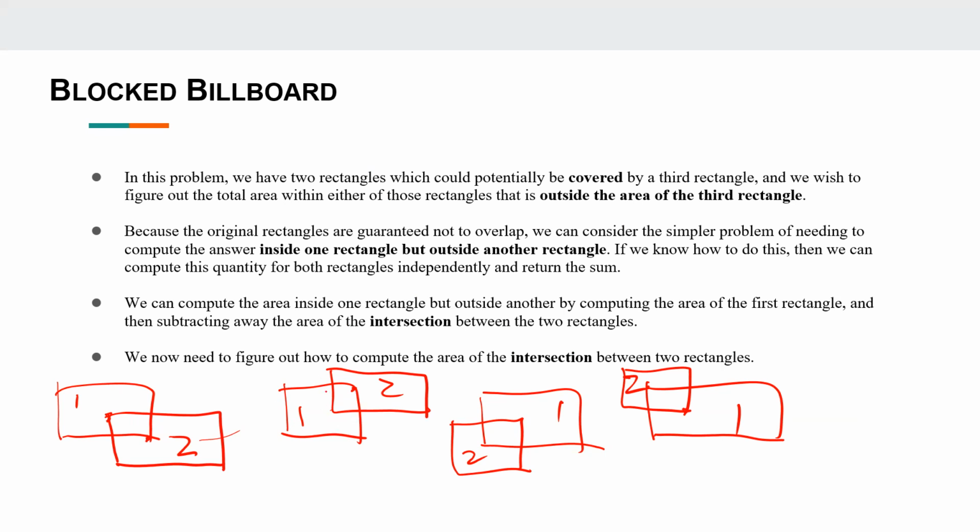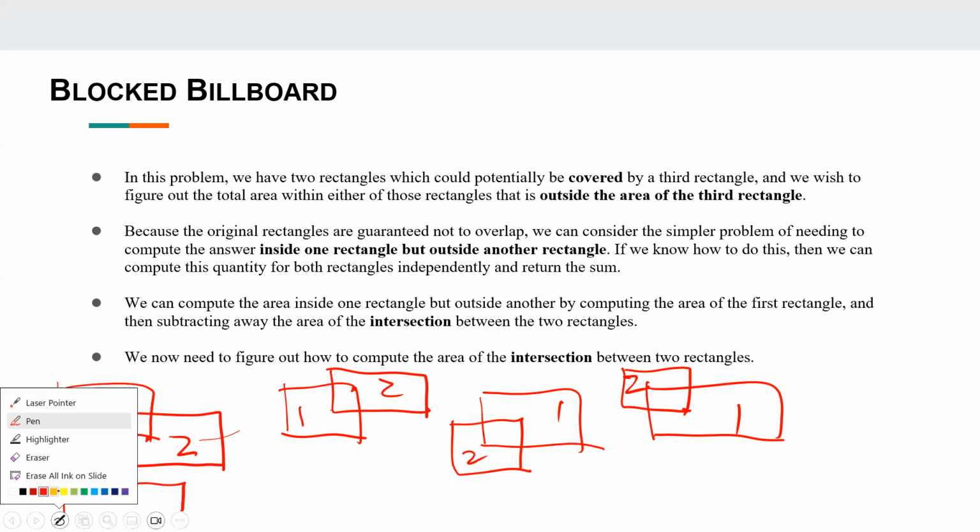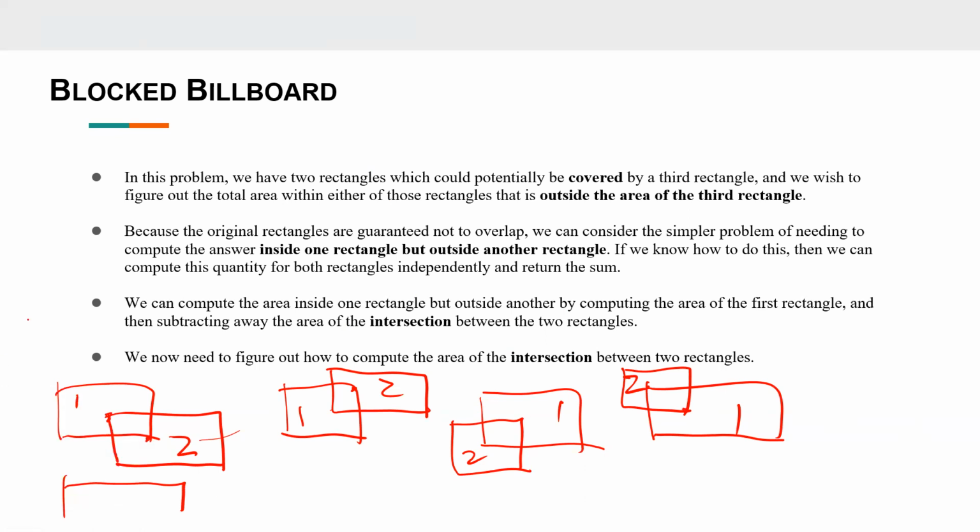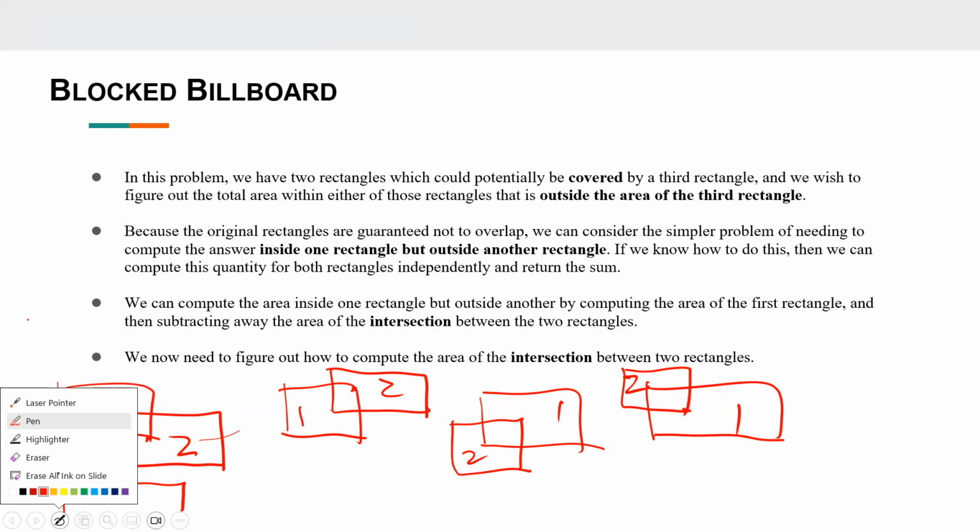From rectangle 1's perspective, this upper right is inside rectangle 2, and this lower left is inside rectangle 2. Those are the four positions, but there are other positions as well. It could be that one is completely inside another.